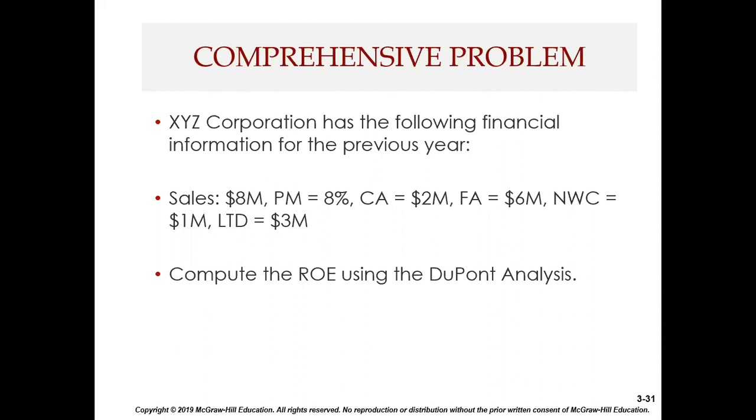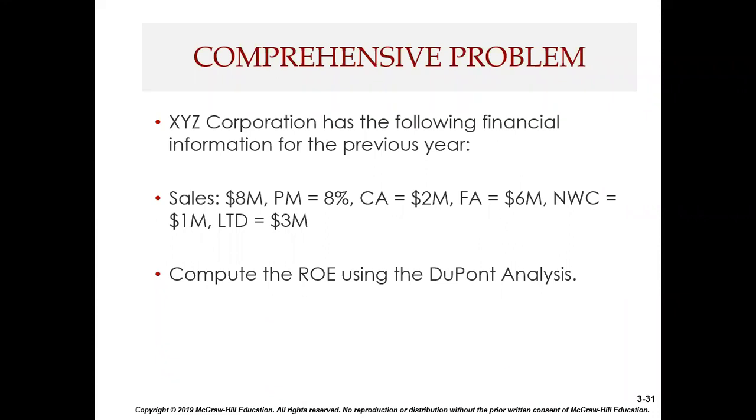So now you want to go back to that total asset turnover, which is on page 64. Remember, that's where you take sales over total assets. So sales here are 8 million. Total assets will be the 2 million plus the 6 million.